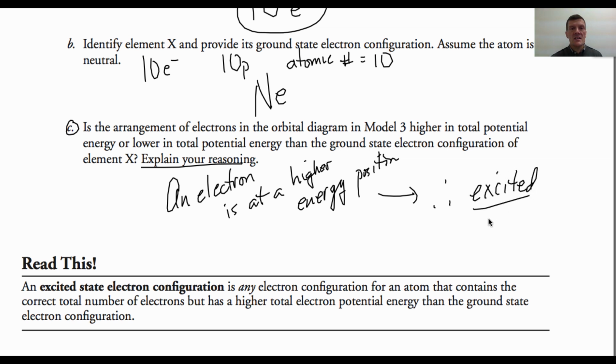It is at an excited state. Okay? Or, the way they state it, it is at a higher potential energy. It has more potential energy. And it is storing that potential energy in the fact that the electron is further from the nucleus. Once that electron drops back down, it's going to release that energy.